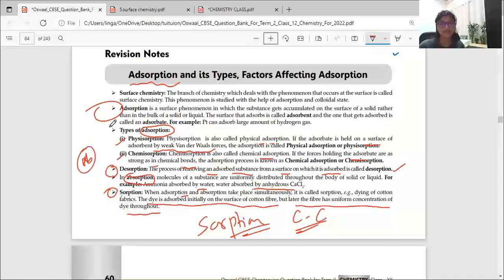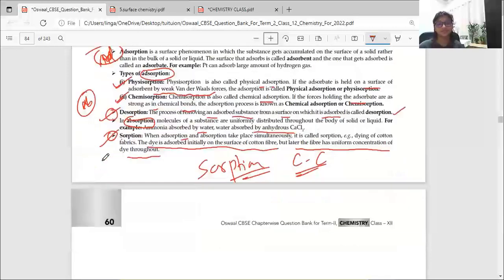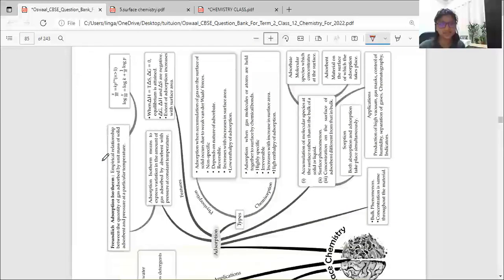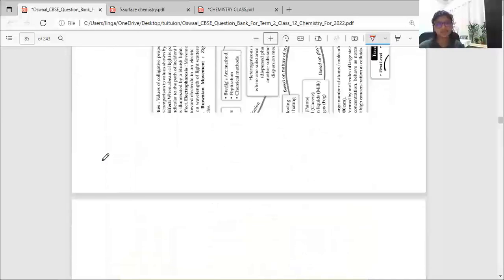In adsorption, two things: physisorption and chemisorption, clear? Then desorption and sorption. Desorption means removing, sorption means both, adsorption and absorption.